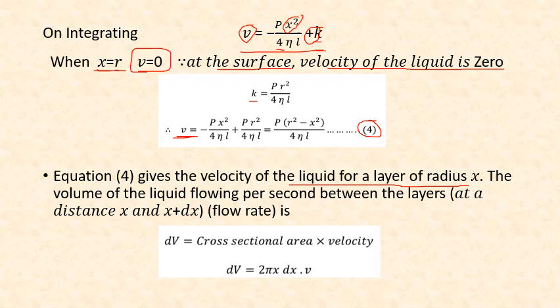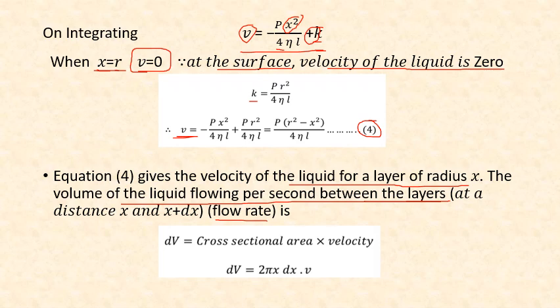Now to find out the volume of the liquid flowing per second between the layers, which we call the flow rate, the volume of the liquid flowing per second between any two layers. The two layers we have considered are at a distance x and at a distance x plus dx.